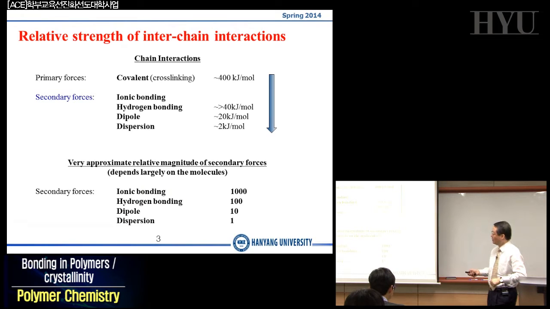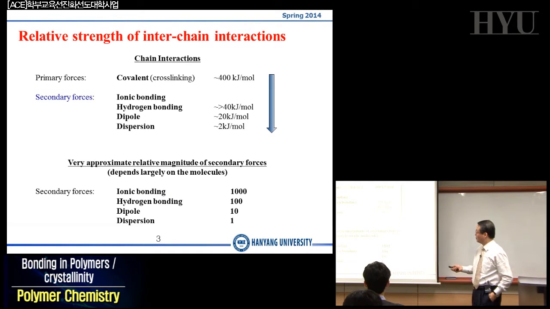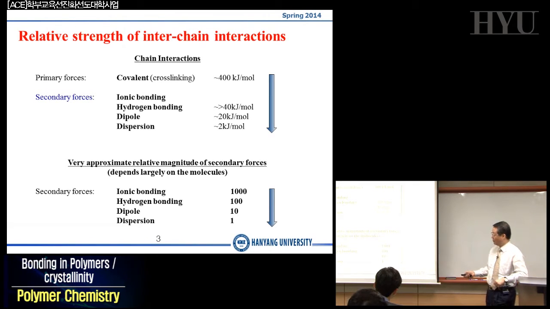And in the secondary bonding forces, the relative magnitude is that ionic bonding is much stronger. I didn't put the number here, but anyway, the relative magnitude is that if we count dispersive force as one, dipole has about 10-fold, hydrogen bonding has around 100 times larger or stronger than the dispersive force.